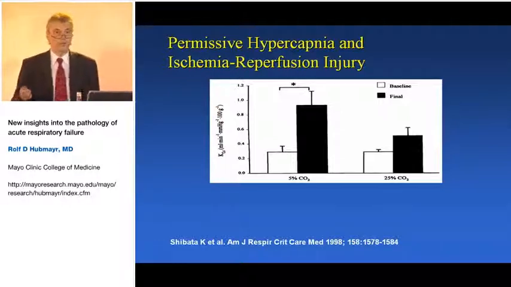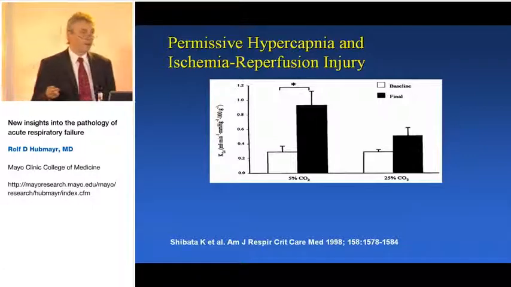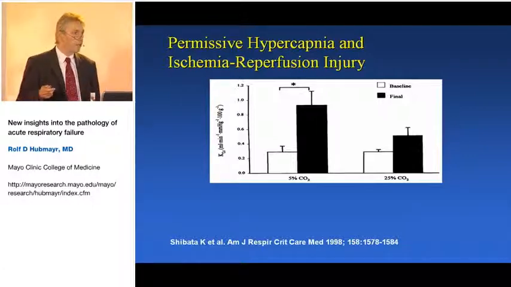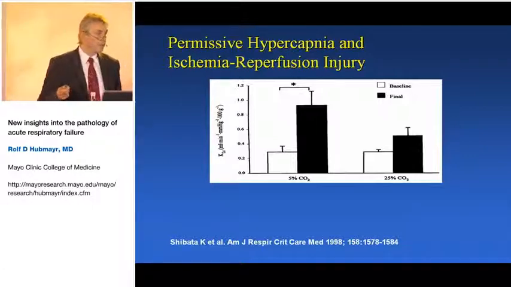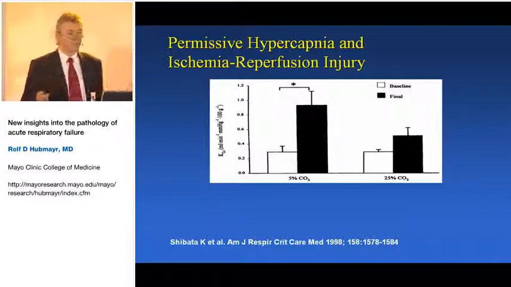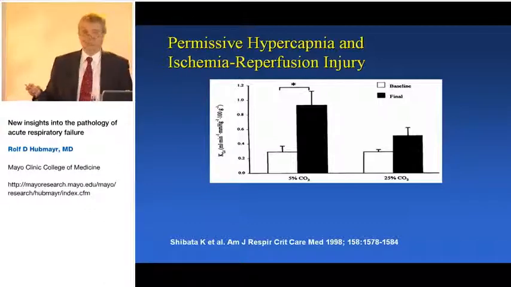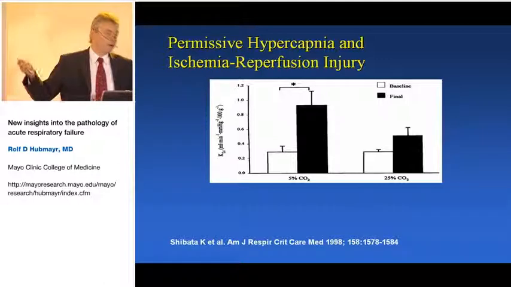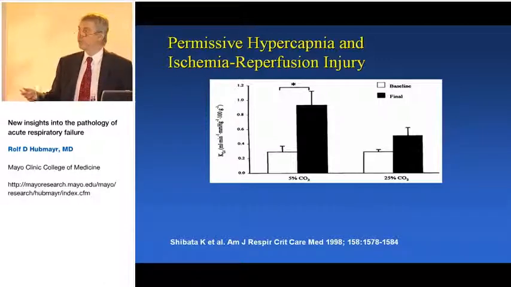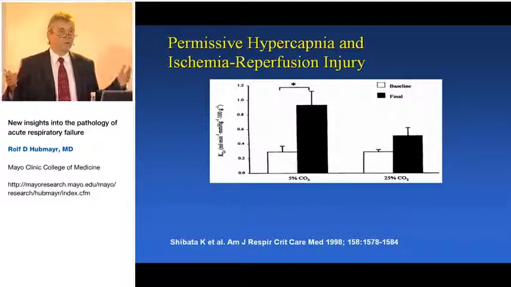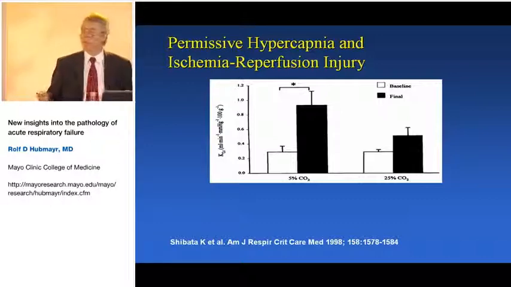One cannot talk about permissive hypercapnia without acknowledging the work by Brian Cavanaugh and John Laffey, and I just picked their first paper from the Cavanaugh group just to remind myself to acknowledge that work.